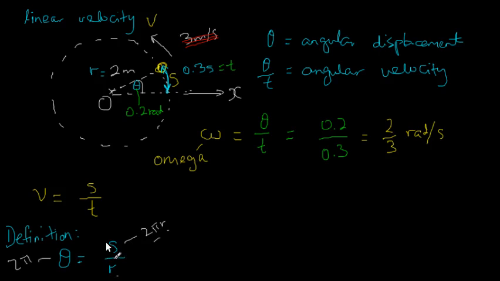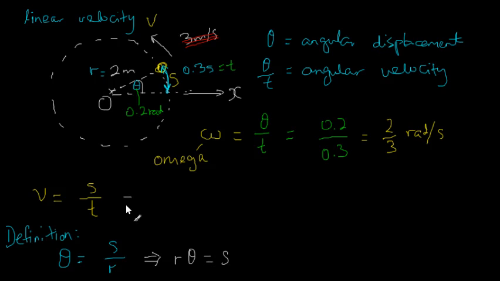So this is the correct formula that relates the arc length to the angle, and it gives us an expression to find the arc length if we know the radius and the angle, because all I need is to multiply both sides by r, and I get r theta equals s. So now I have a formula for the arc length if I know the angle in radians and the radius.